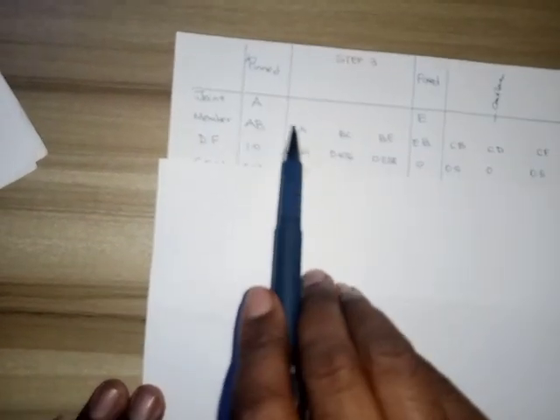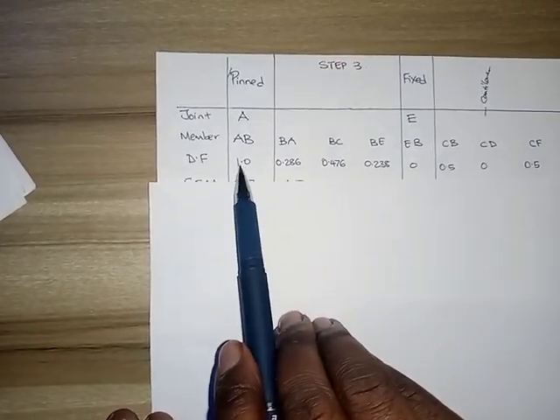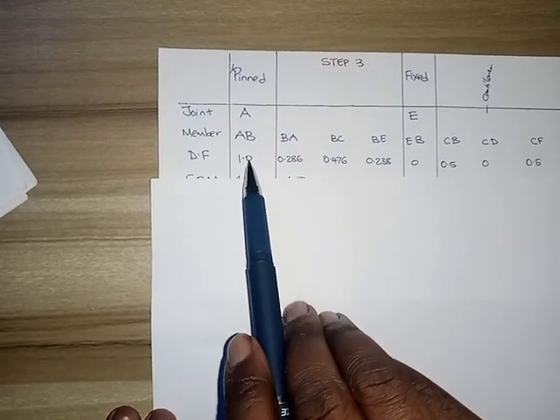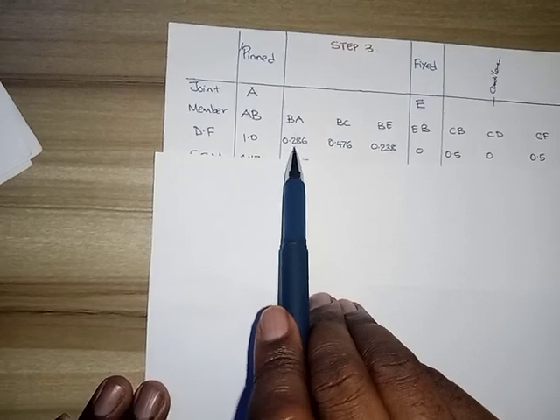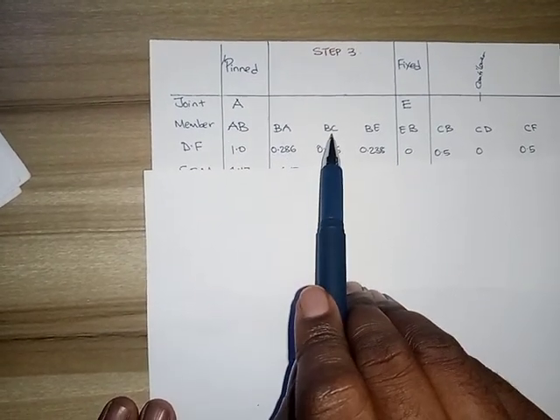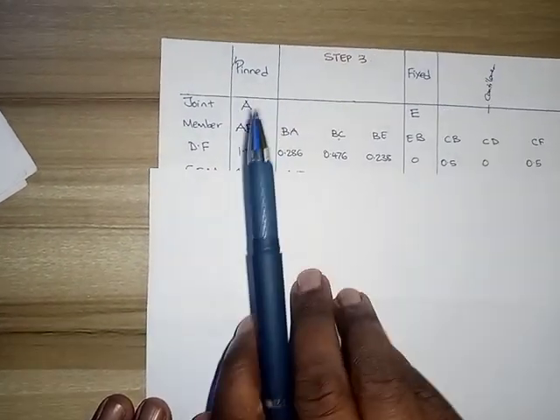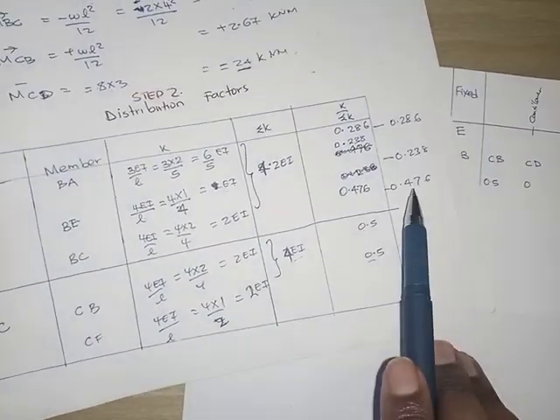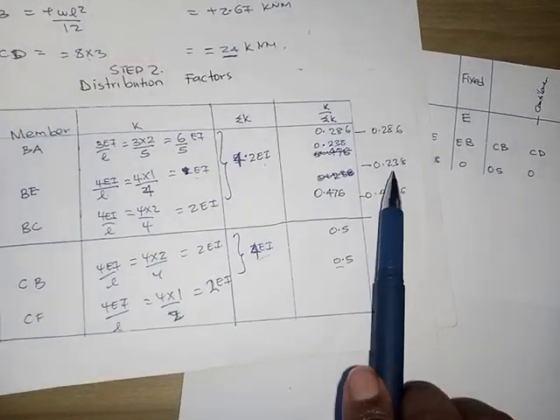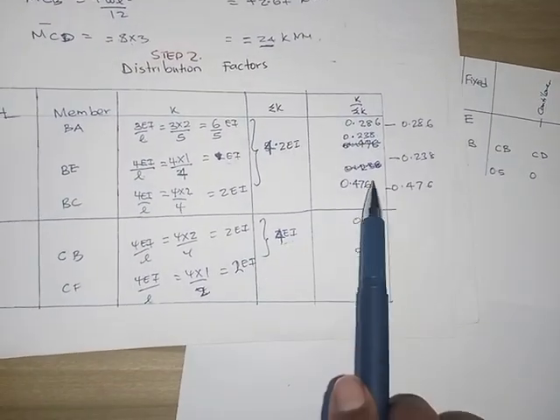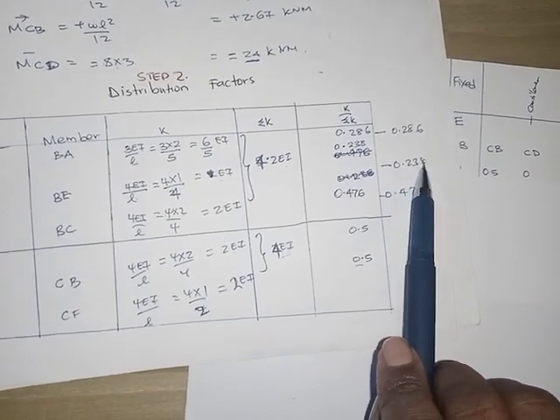For member AB, the distribution factor is 1. BA is what we have calculated, 0.286. BC is 0.476, and BE is 0.238.